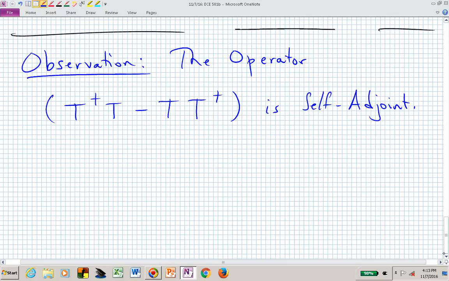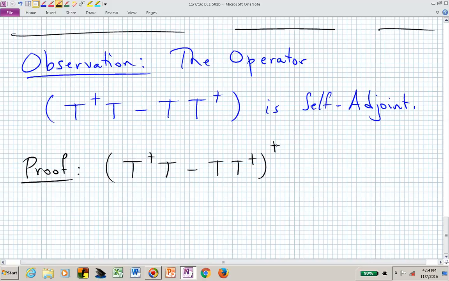And all we really have to do to show that is to remember what happens when we start taking the adjoint of operators or combinations of operators. Here, let's say that we take the adjoint of what's in parentheses.